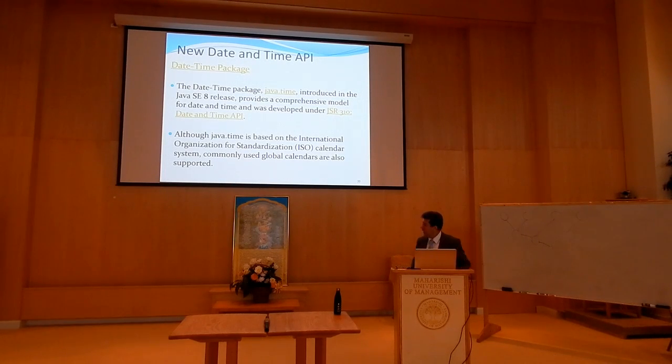And one of those Java specification requests, specifically number 310, was a brand new library of Java date and time classes, and that was actually implemented in Java 8 and was added to Java 8.